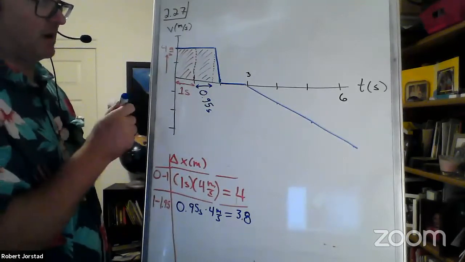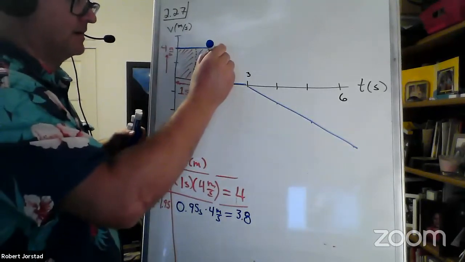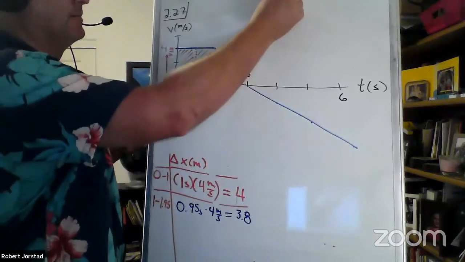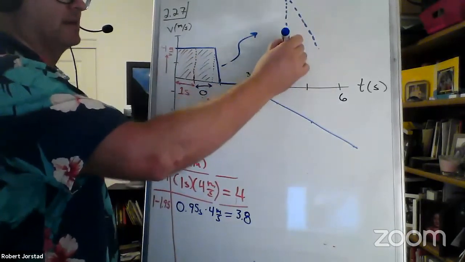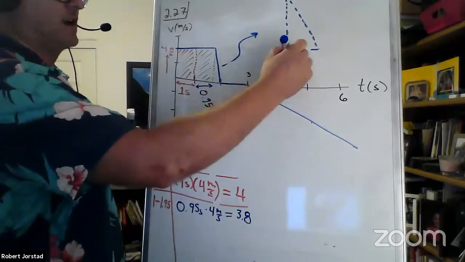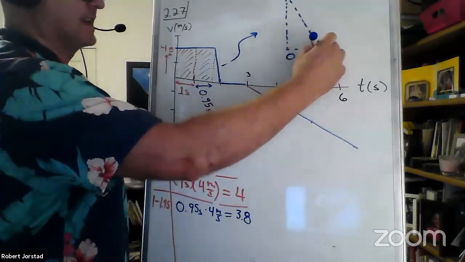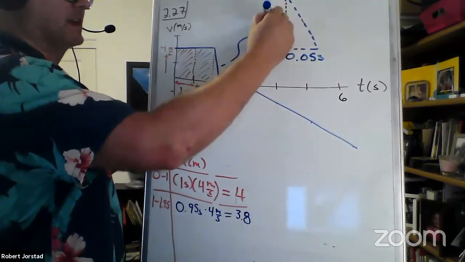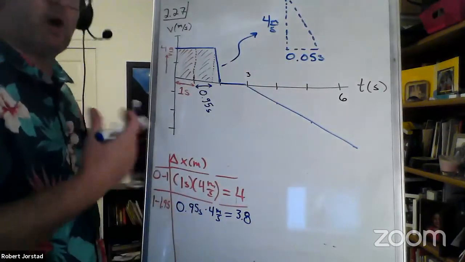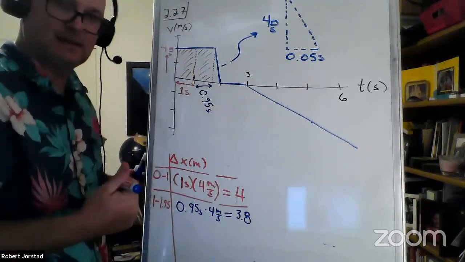This one is really hard to see in here, so maybe I'll blow that up. I'm going to exaggerate the triangle a little bit. The length of this triangle is 0.05 seconds. The height of it is 4 meters per second. So the area ends up being 1/2 base times height. So that's 2.